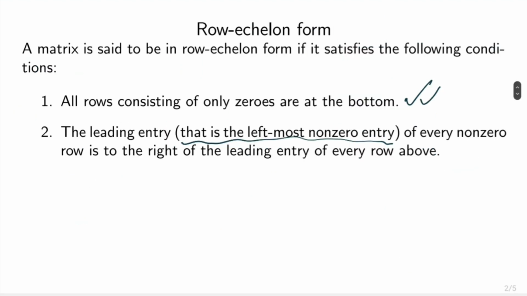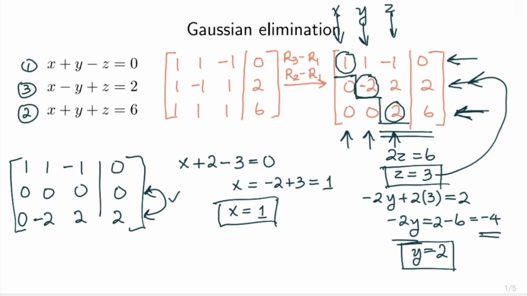And then the second rule is that the leading entry, what we call the leading entry, is the first non-zero element in a row. So the leading entry of every non-zero row is to the right of the leading entry of every row above. So it sounds complicated, but it's not. It's saying that when you pick the leading entry of a row, so let's take this row.